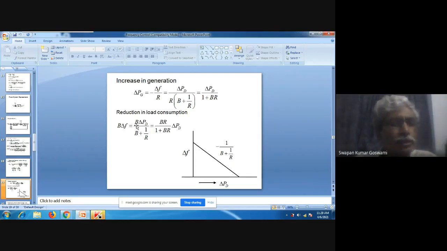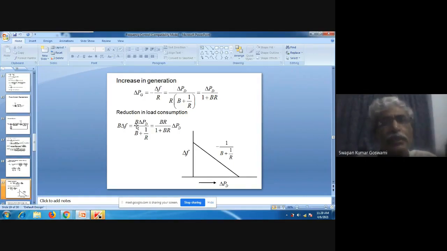Immediately after the load is switched on, power will be supplied by the stored kinetic energy. After that, until the arrival of the new steady state, power will be supplied by the reducing kinetic energy, and it will be supplied by the increased generation, and by the reduction in the power demand of the existing load.